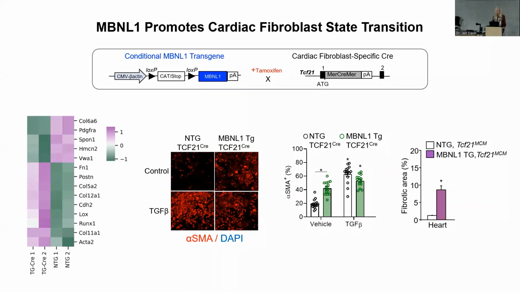And if you'll recall, TCF21 labels the resident cardiac fibroblast. And so we created these mice, we let them develop normally, so the fibroblast population should have developed, and then we induced the expression of the transgene with tamoxifen once these mice were fully developed.